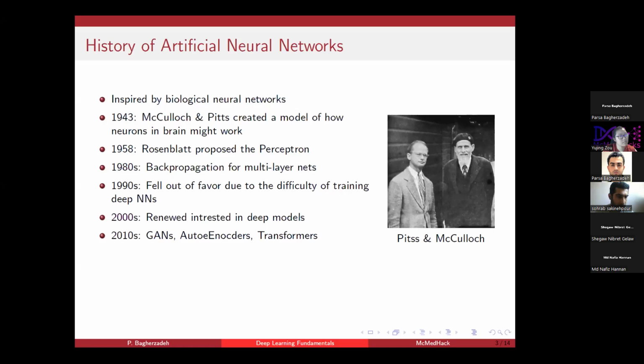AI Winter. And then there was a renewed interest in the 2000s in deep models, because at that time the hardware and the availability of data, and also the introduction of new techniques for training of neural nets, allowed us to train these models.